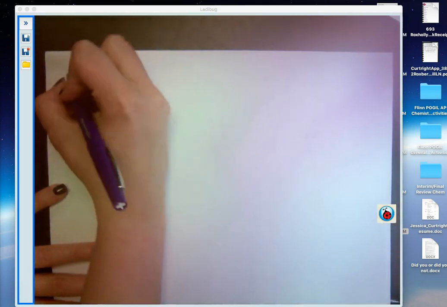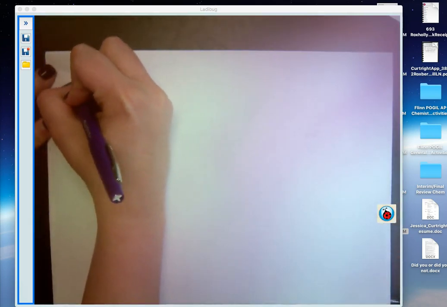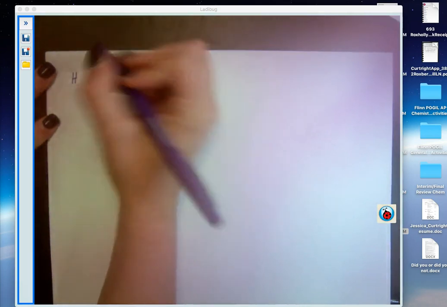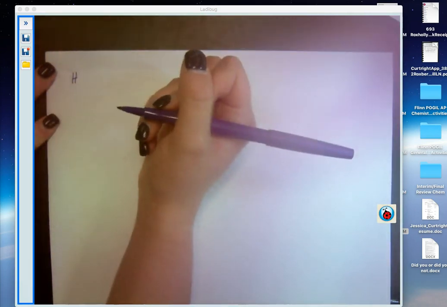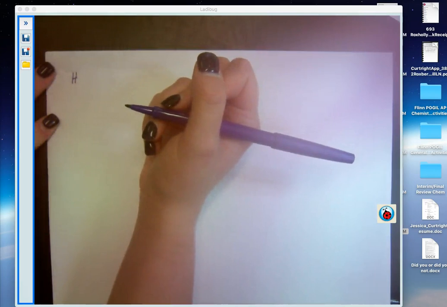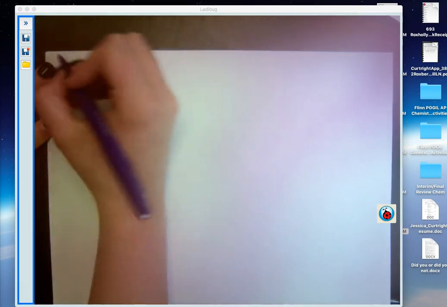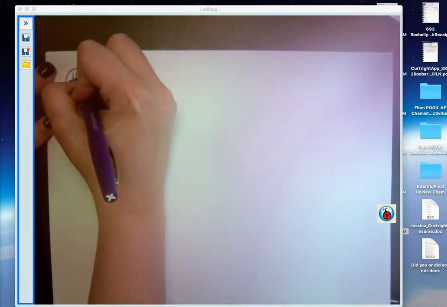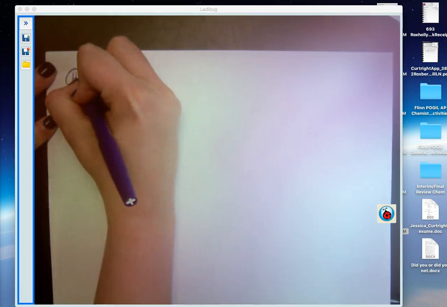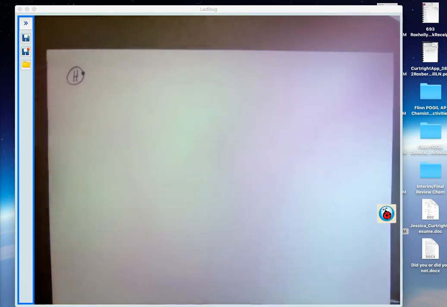So I'm going to start with hydrogen. How many electrons does hydrogen have, first of all? Hydrogen has an atomic number of 1. If it has 1 proton, it also has 1 electron. So I'm going to draw the first shell around hydrogen, and it has 1 electron by itself.